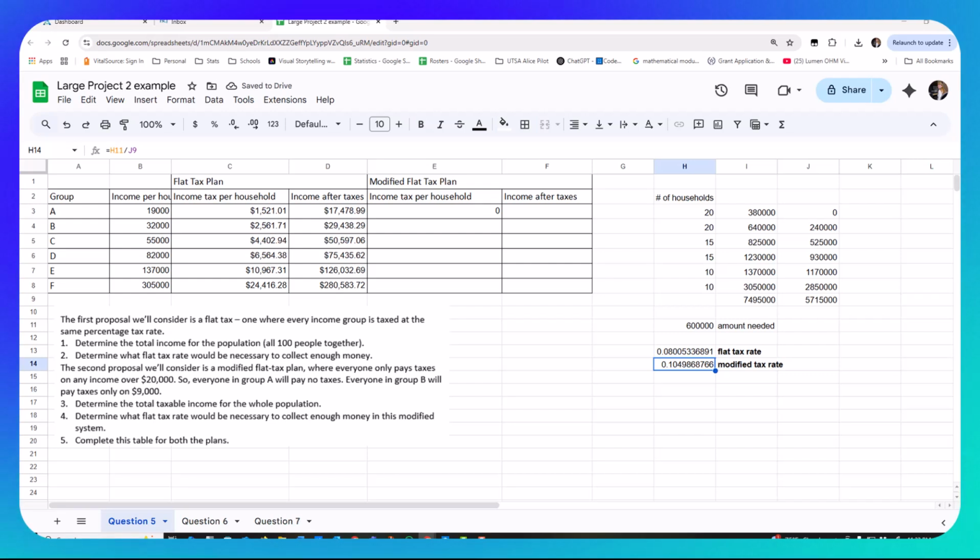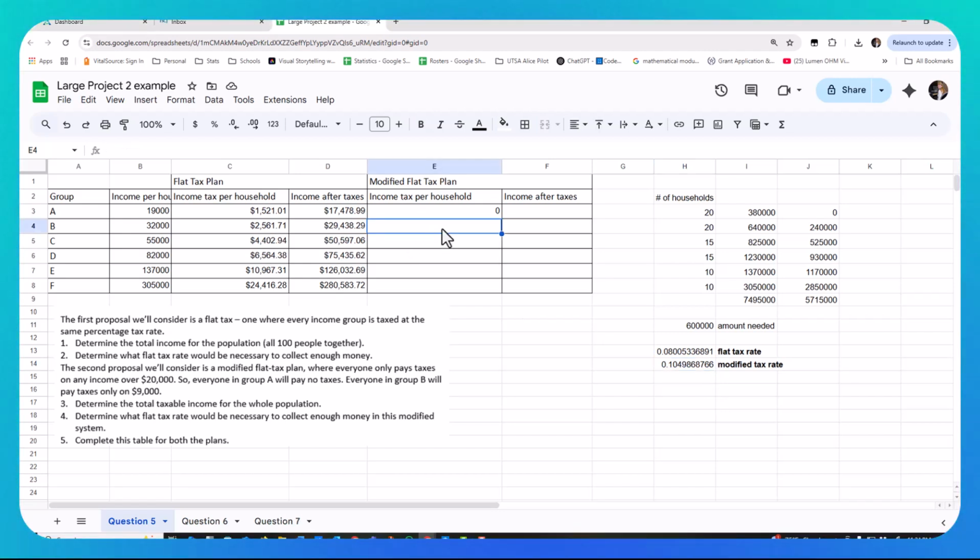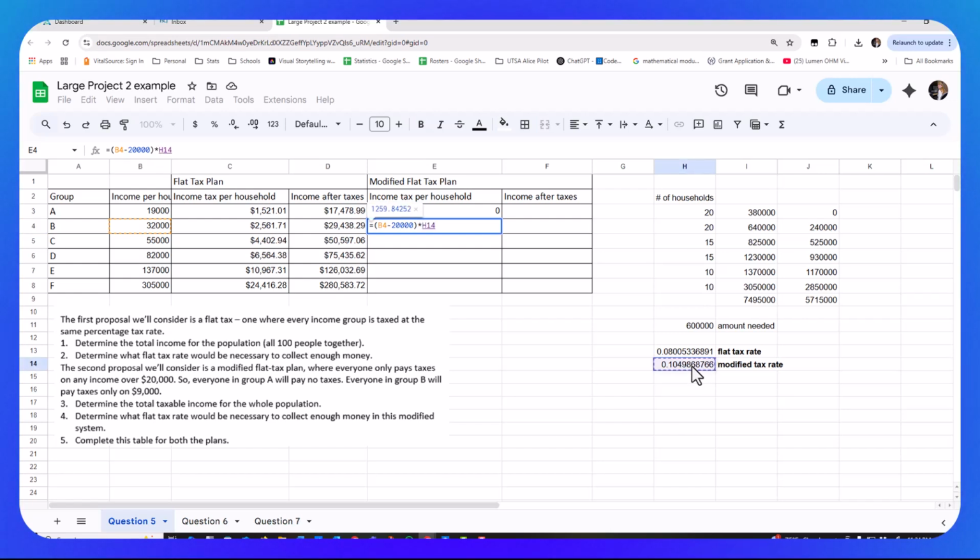And so now to be able to find these values, for my income tax per household, I'm once again going to take my income per household minus 20,000, and then I'm going to multiply it by this modified tax rate.